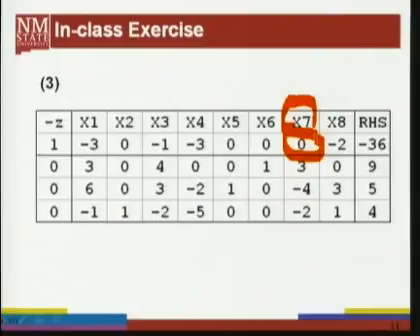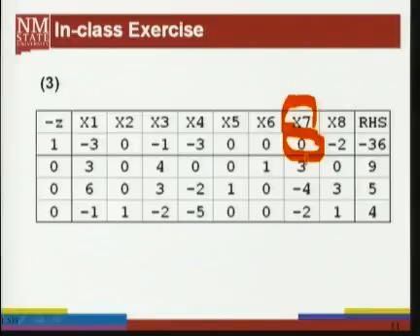So in that case, increasing the x7 variable from the value of 0 will not affect the current objective function value, right? So in that case, we will have the same objective function value with different combinations of basic variables.